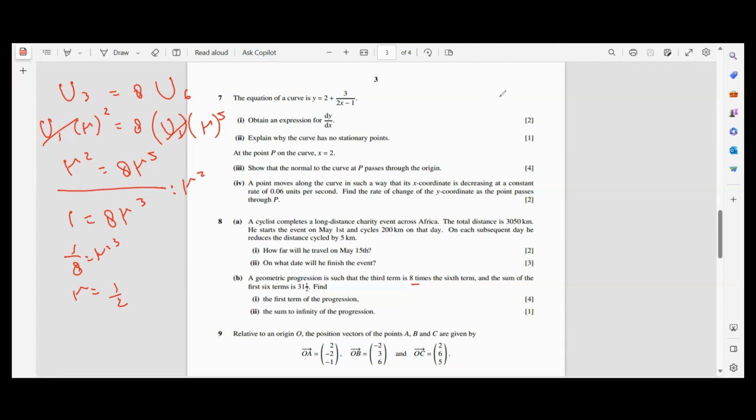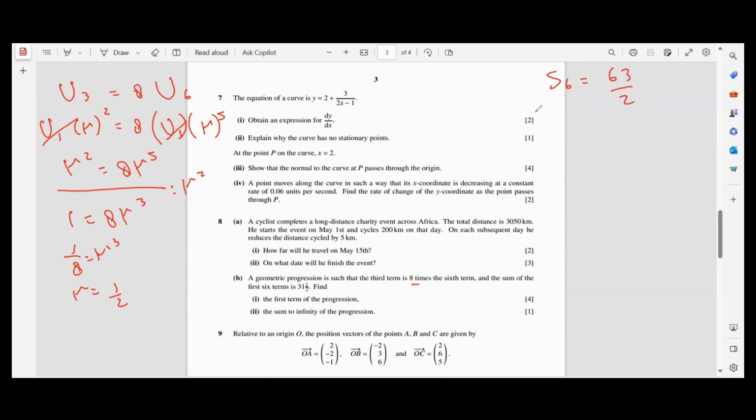And then we can get u1 from the sum of the first 6 terms. So S6 equals 63 over 2.